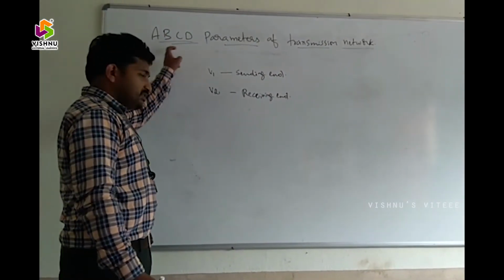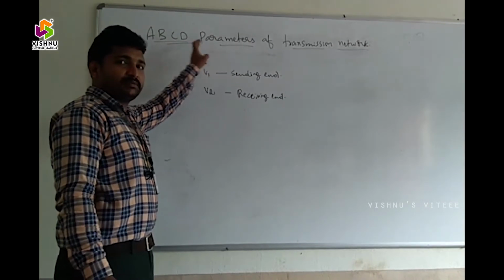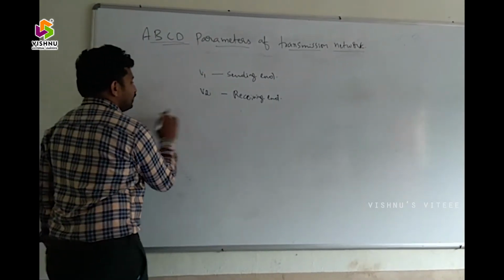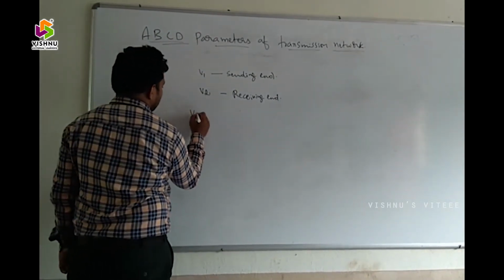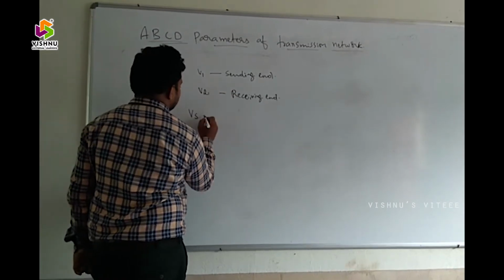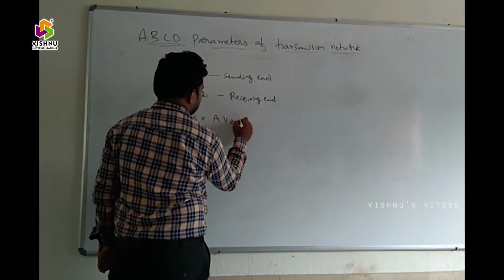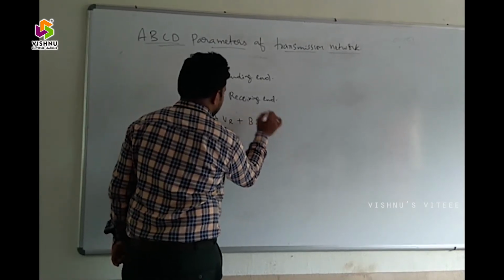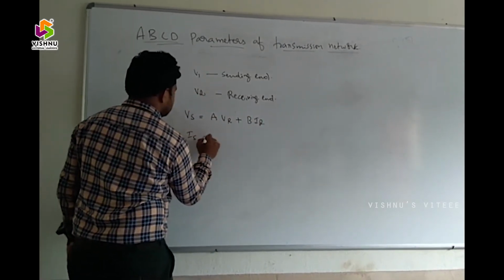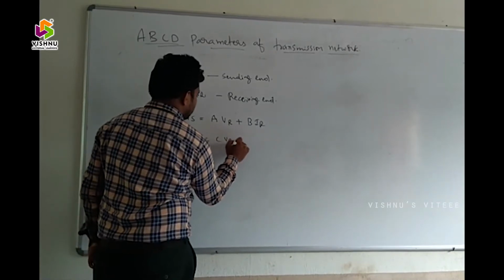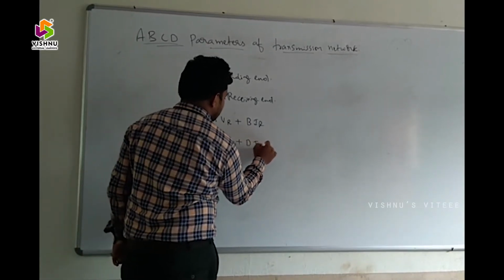So the ABCD parameters or transmission line parameters can be rewritten as Vs is equal to A VR plus B IR, and Is is equal to C VR plus D IR.